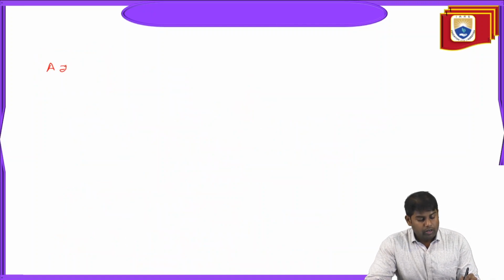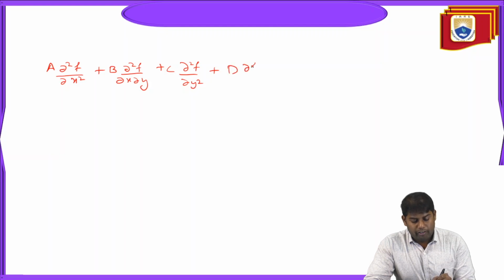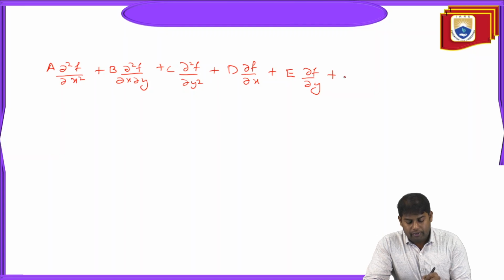We have a ∂²f/∂x² plus b ∂²f/∂x∂y plus c ∂²f/∂y² plus d ∂f/∂x plus e ∂f/∂y plus f, let's say, plus a constant, or you can take it as g and you can take it as h.